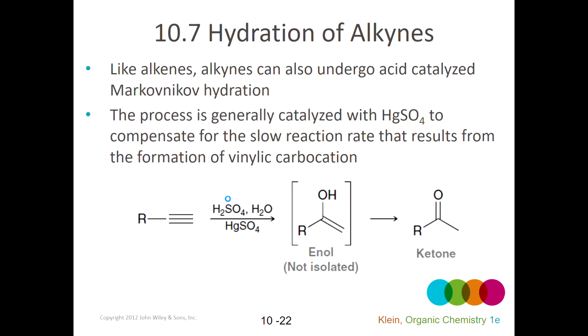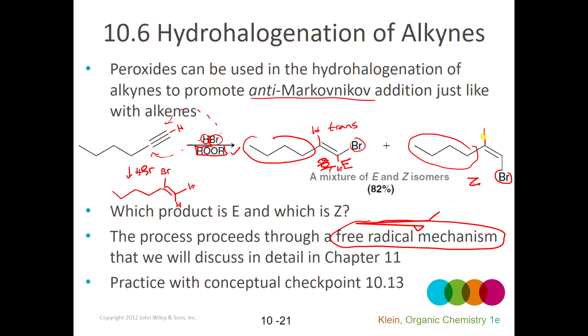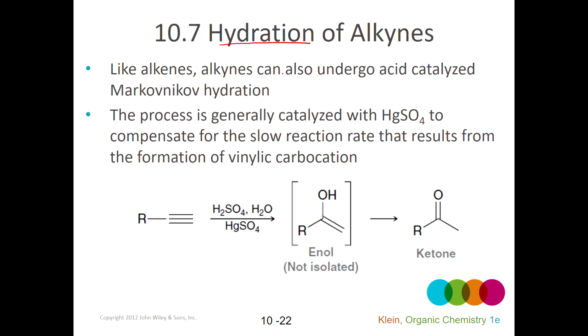A couple other reactions. For an alkyne, we talked about hydration of alkenes, and we said we can use an acid and water. And in this case, the mercury sulfate additive helps to catalyze the reaction.